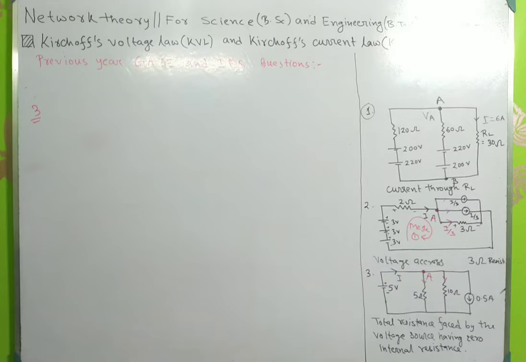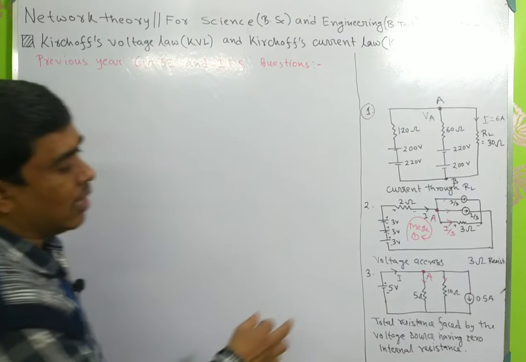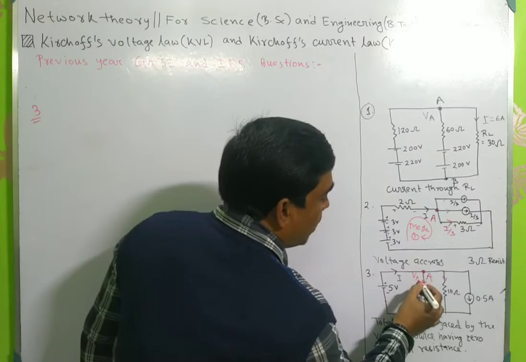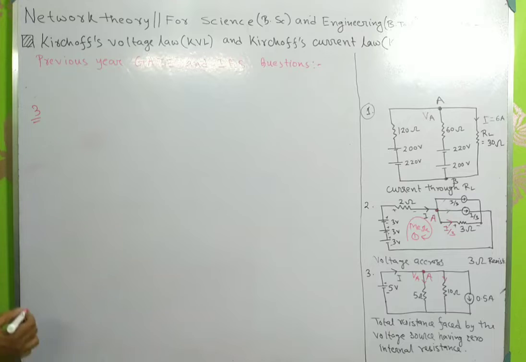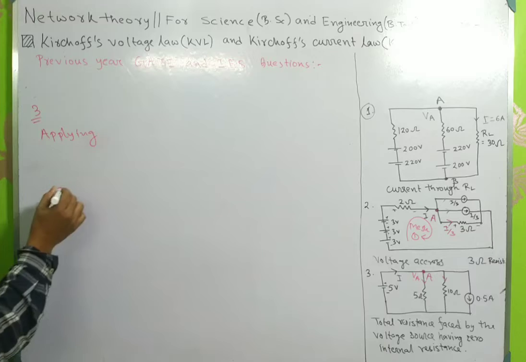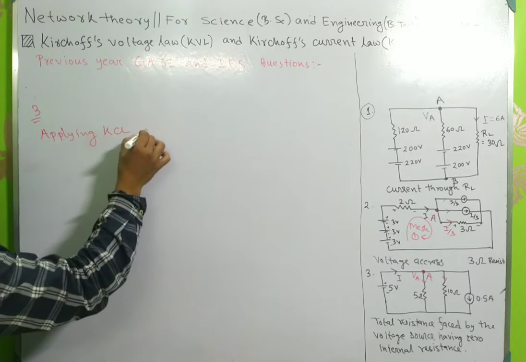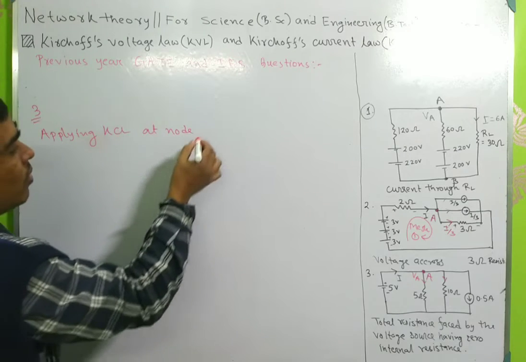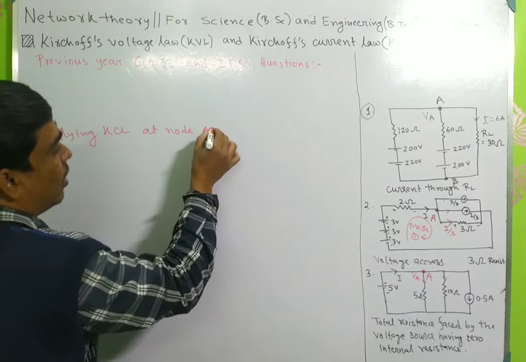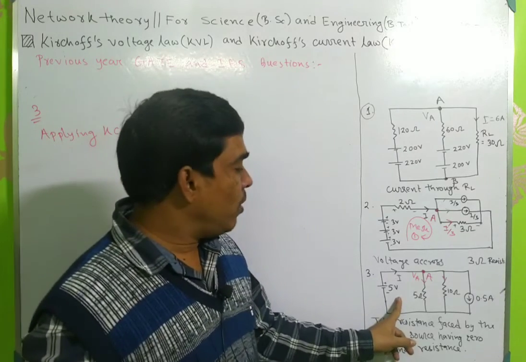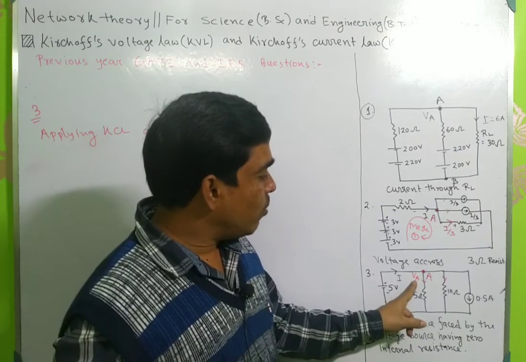If I apply KCL at node A, you have to take the node voltage, suppose VA. Now this is a 5 volt source and this is a node voltage.